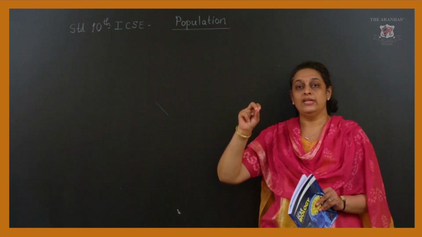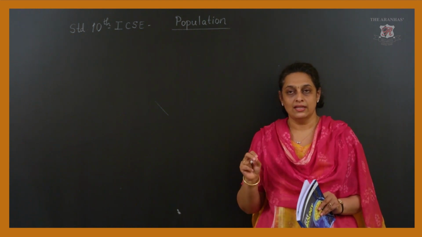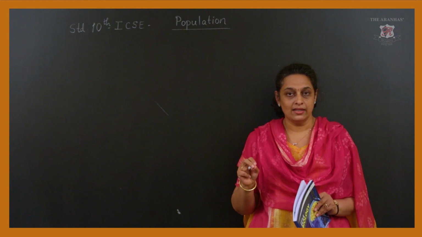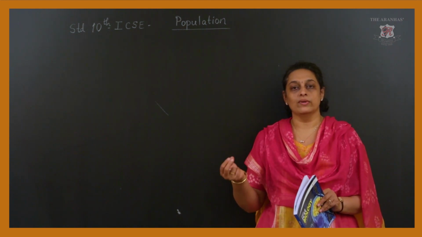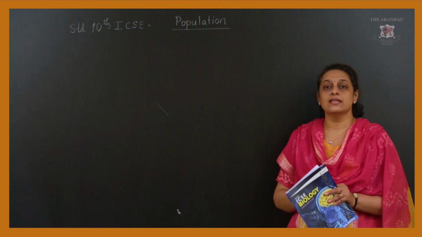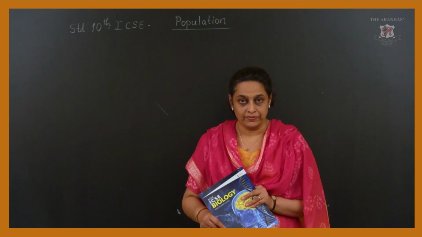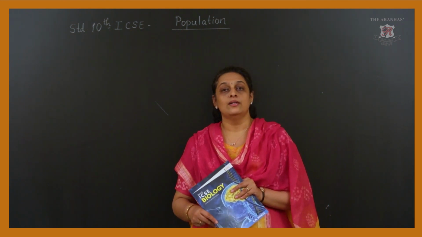Now we are going to deal with human population, population of human beings, the situation in India and of course all over the world. Now let us see first what is population. Population is a group of individuals, or a group of living organisms, but located in a particular area.